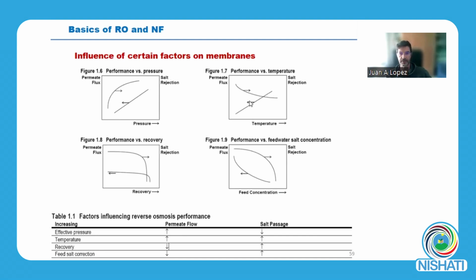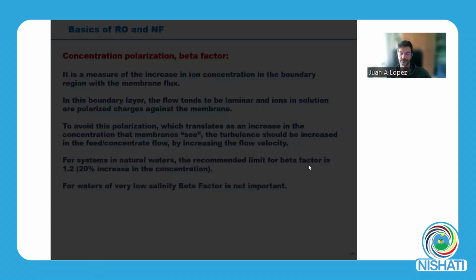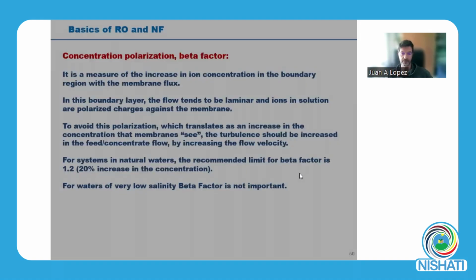With respect to the temperature, the permeate flux increases directly, about 3% per degree centigrade, and the salt rejection diminishes due to the lower viscosity.